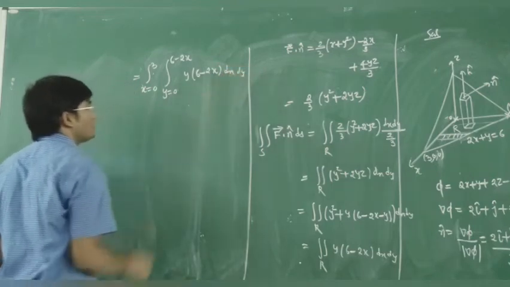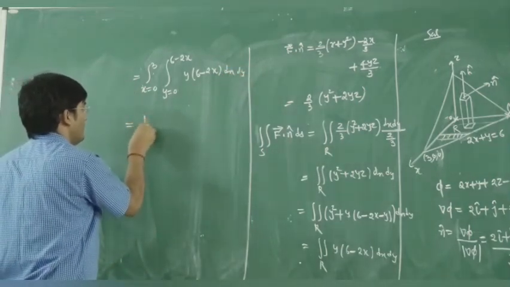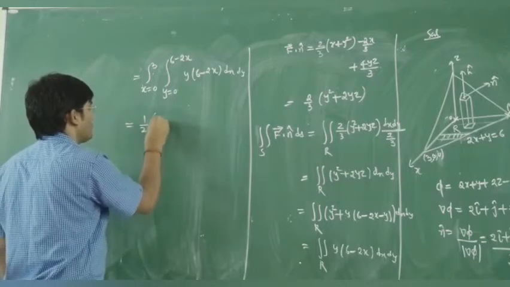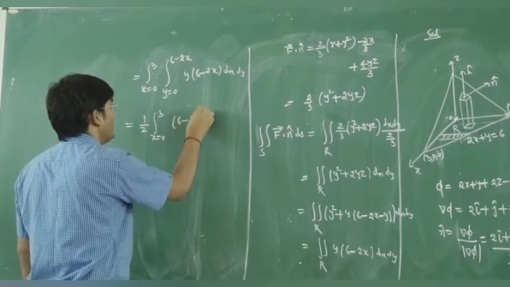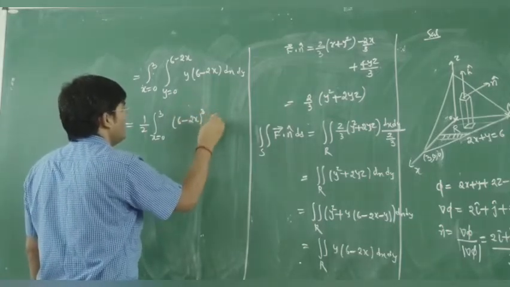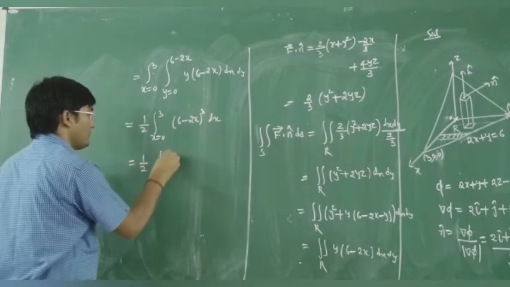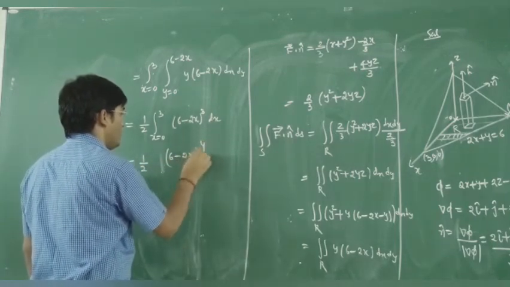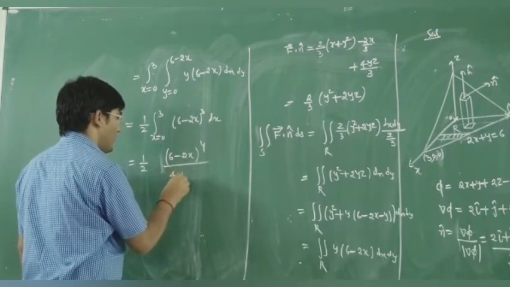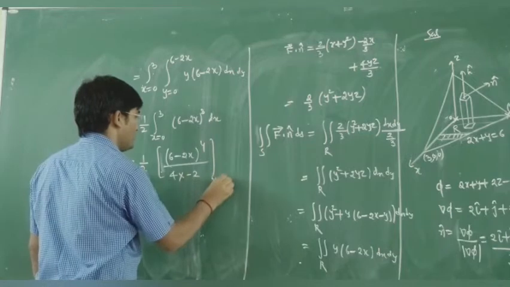Now the integration with respect to y gives y square by 2, so we have 1 by 2, x from 0 to 3, 6 minus 2x whole cube dx. Now the integration with respect to x gives 6 minus 2x to the power 4 upon 4 into minus 2, with limits from x equal to 0 to x equal to 3.